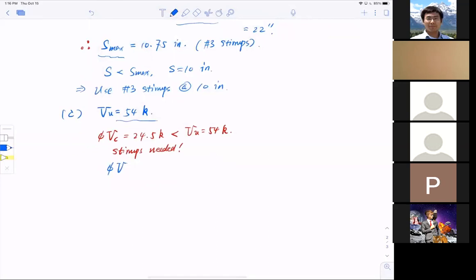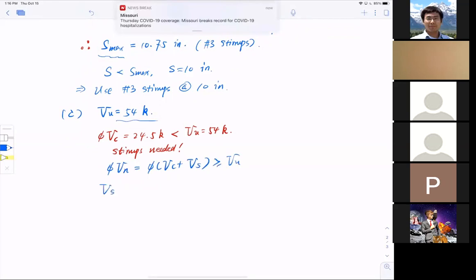So phi Vn equals phi Vc plus Vs, and this has to be bigger than or equal to Vu. So Vs required, that is needed from stirrups, equals Vu divided by phi, which is 0.75, minus Vc.